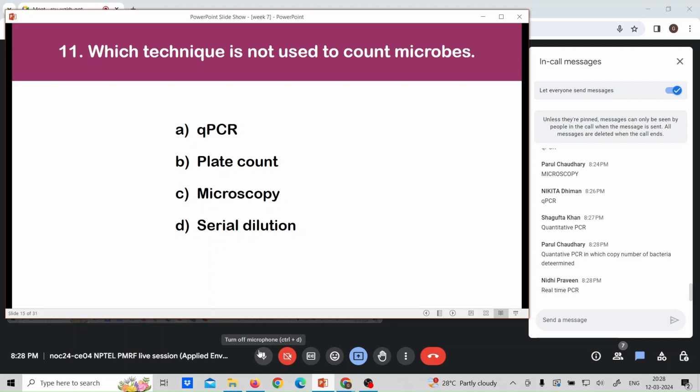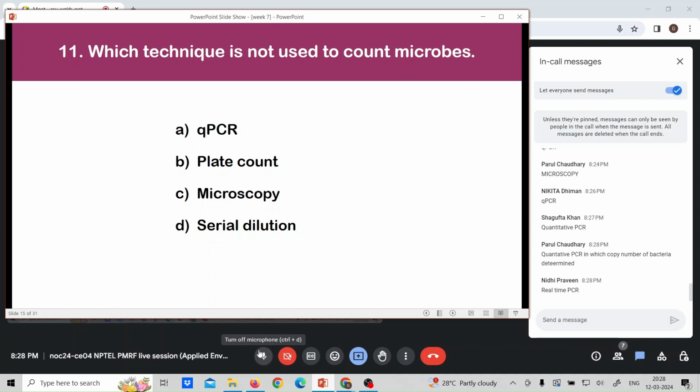So Parul has answered it was microscopy, and then probably a justification: quantitative PCR, the copy number of bacteria is determined in it. Right? As all of you have told, qPCR stands for quantitative PCR. It's generally used for diagnostic purposes, right?